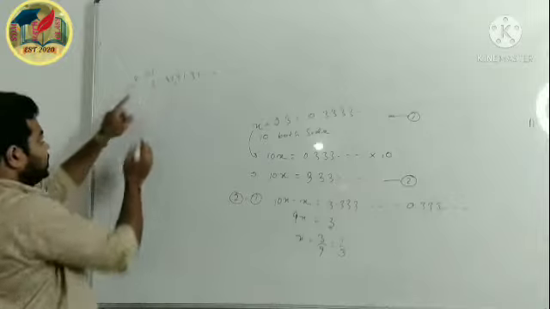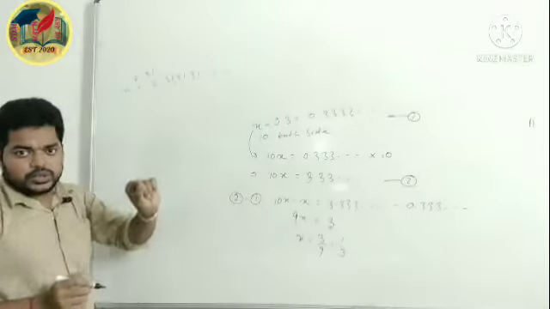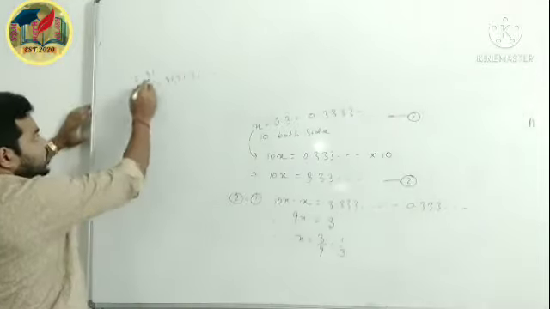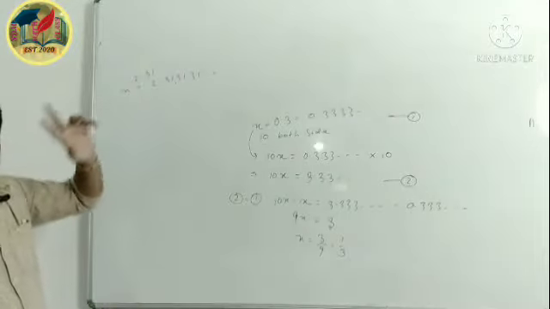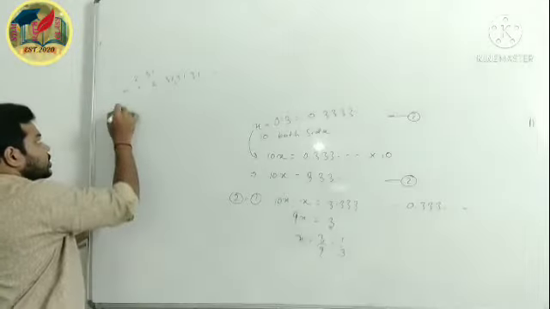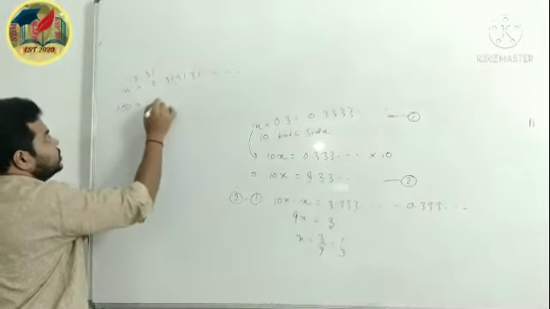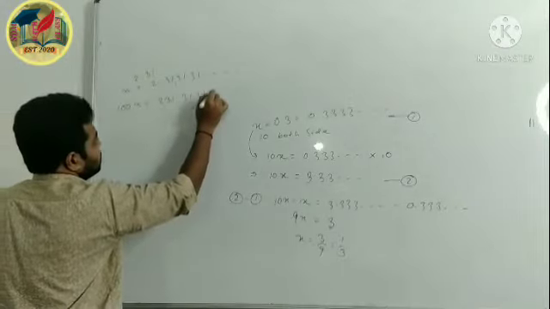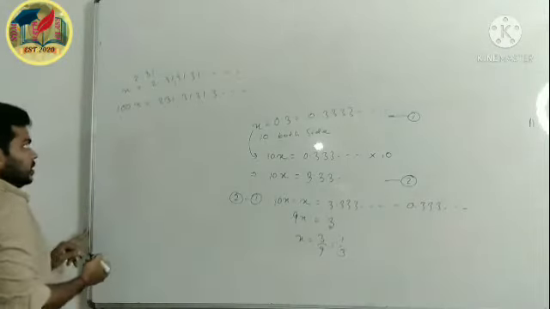So see that there are 2 digit recurring digit, 2 number with recurring digit. Clear? So we multiplied this number by 100. So 100x equal to 231.313131 and so on. Clear?